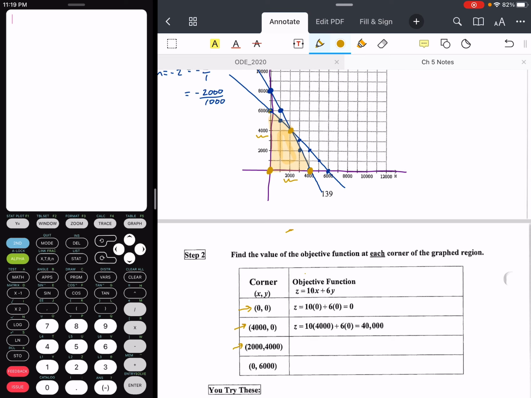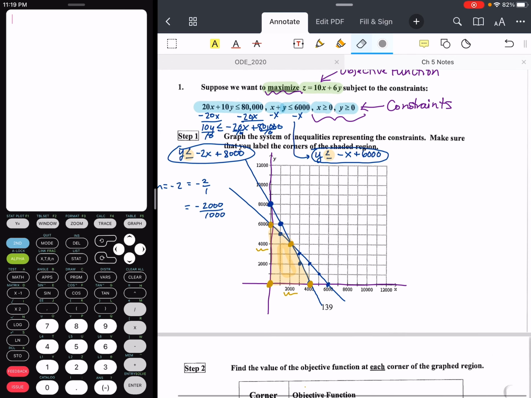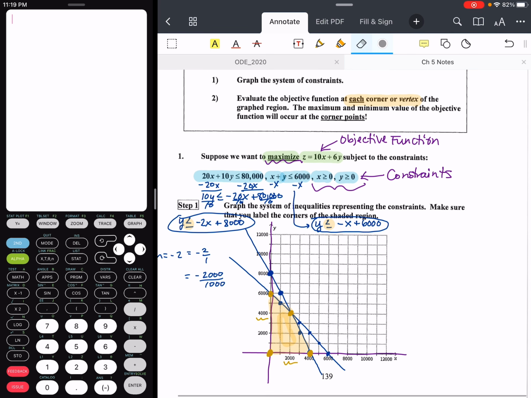And then also in the top left, the final corner of that shaded region is 0, 6,000. So those are the 4 corners of my constraints. And now what I need to do is evaluate the objective function at each corner. So that's the final set of instructions. Evaluate the objective function at each corner or vertex of the graphed region.